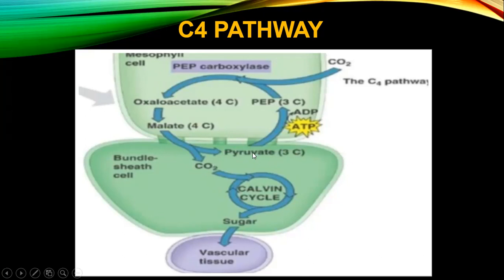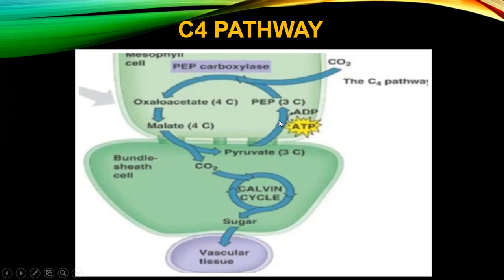Okay? Now we see what happens to the pyruvate. Pyruvate diffuses back into the mesophyll, where it is used to regenerate phosphoenol pyruvate, which is once again ready to accept one carbon dioxide. Okay, so this cycle continues, right?